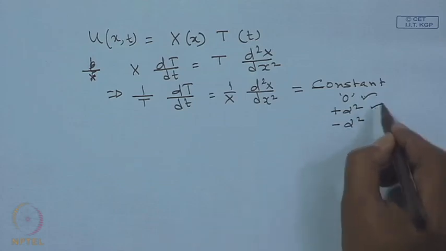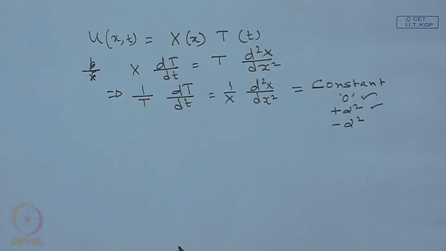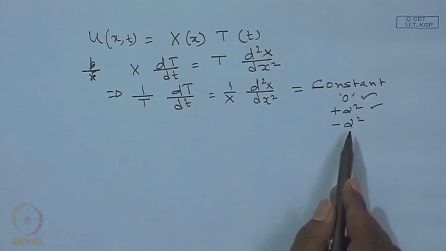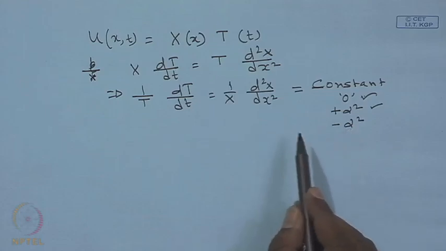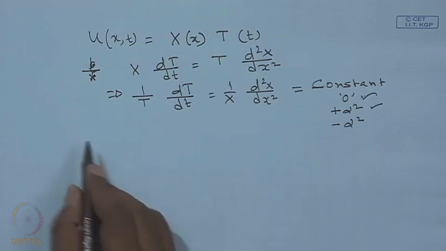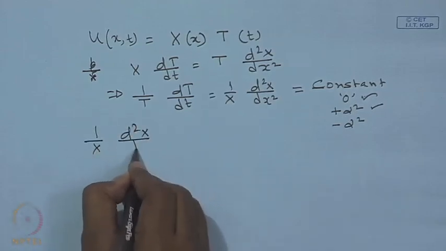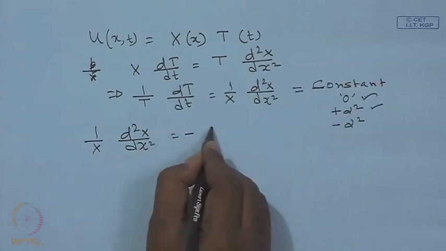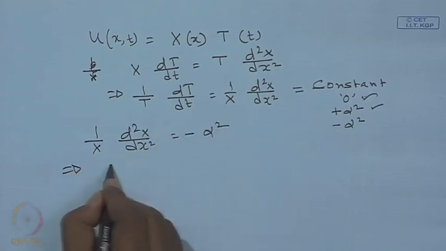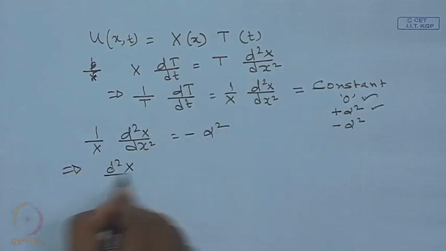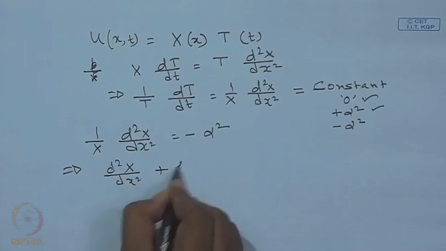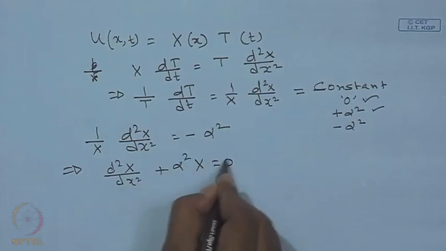For positive also it will be giving a trivial solution, but if it is minus alpha square, negative, then it will be giving a non trivial solution. So, let us do that. So, 1 over X d square X dx square is equal to minus alpha square. So, you will be having d square X dx square plus alpha square X is equal to 0.